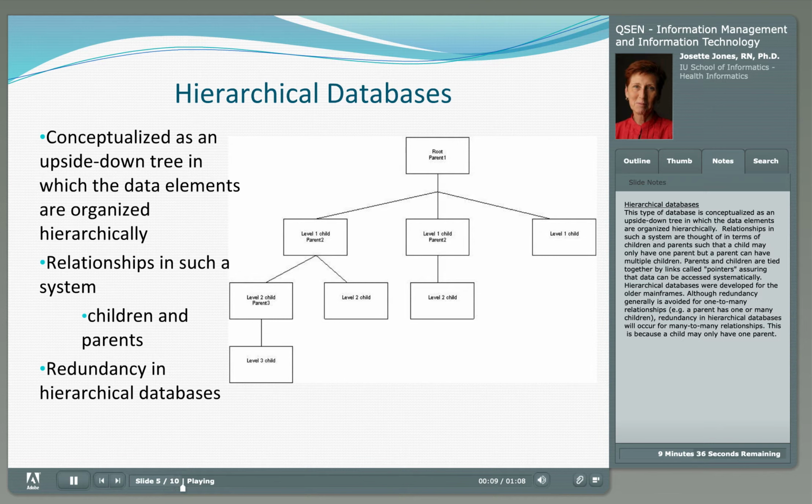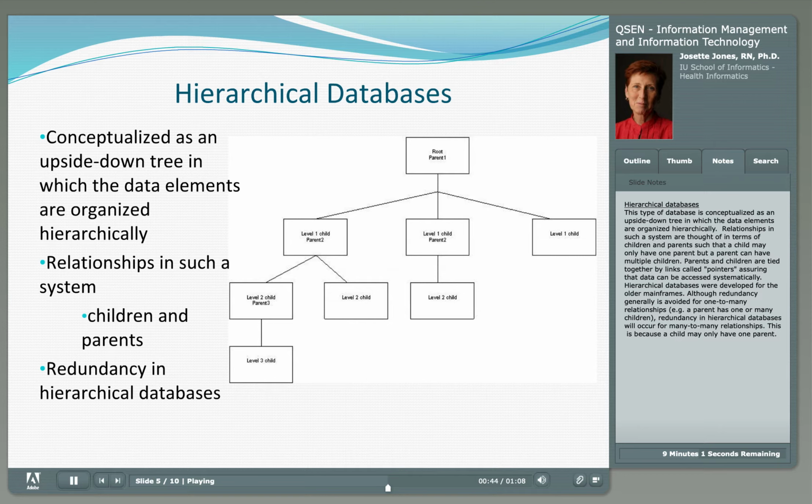This type of database is conceptualized as an upside-down tree in which the data elements are organized hierarchically. Relationships in a system are thought of in terms of children and parents, such that the child may only have one parent, but a parent can have multiple children. Parents and children are tied together by links or pointers, assuring that the data can be accessed systematically.